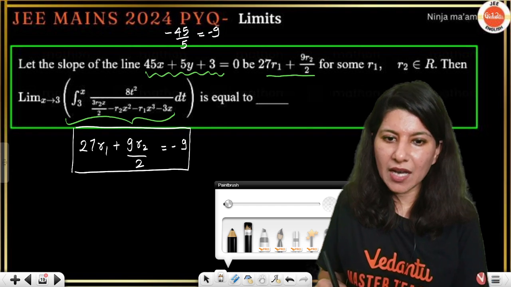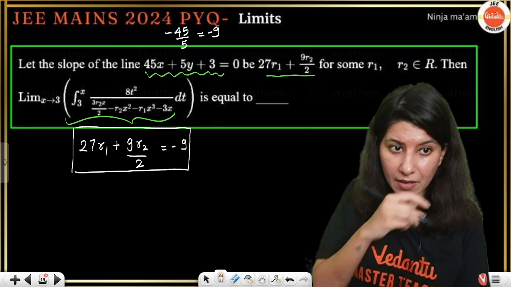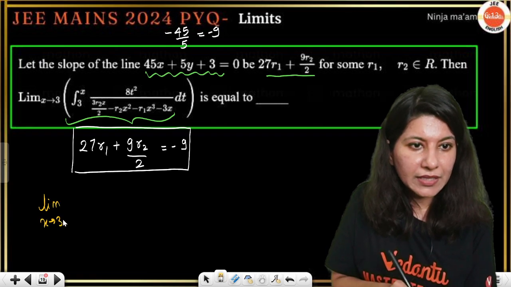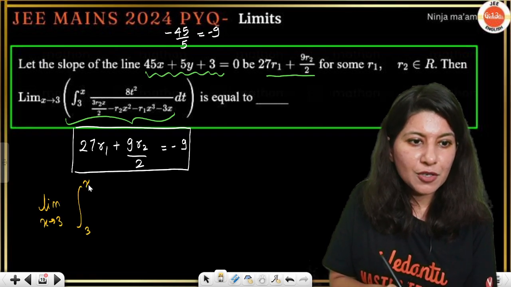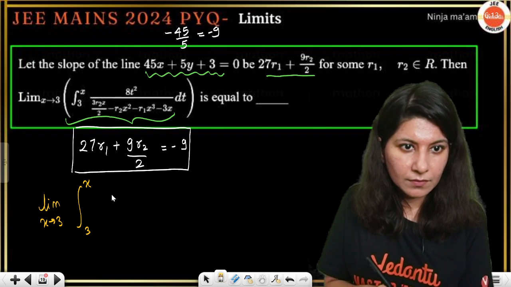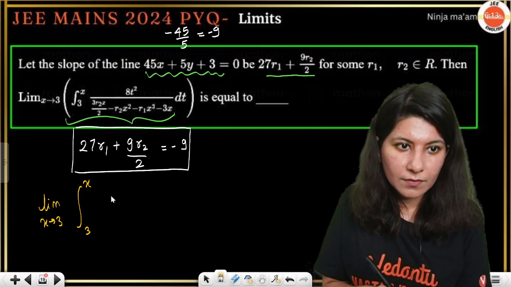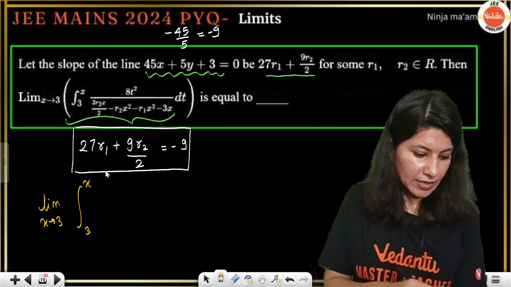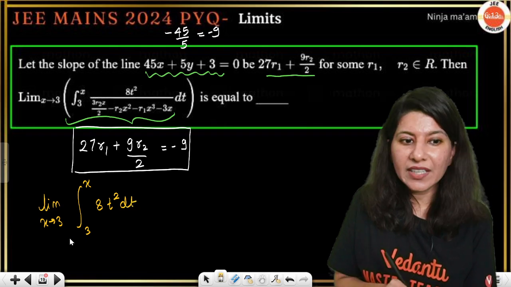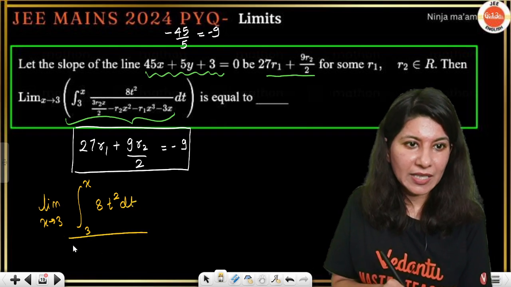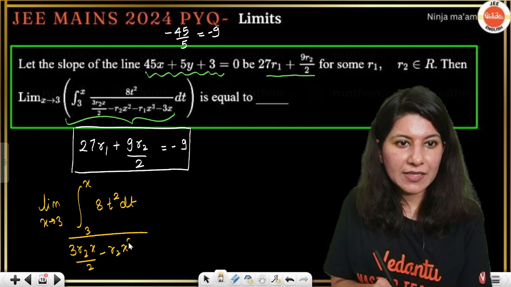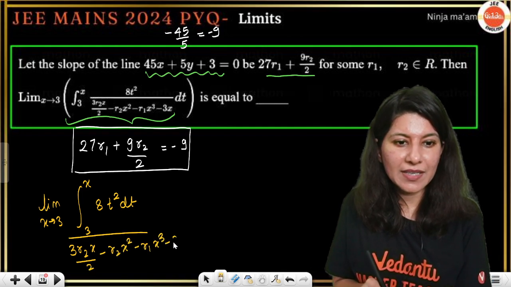A relation between R1 and R2 is done from our end. And now limit x tends to 3, integration of x to 3. Hold on, this integration is only in the numerator. Again, the same Leibniz theorem game is here. 3r2x by 2 minus r2x square minus r1x cube minus 3x.